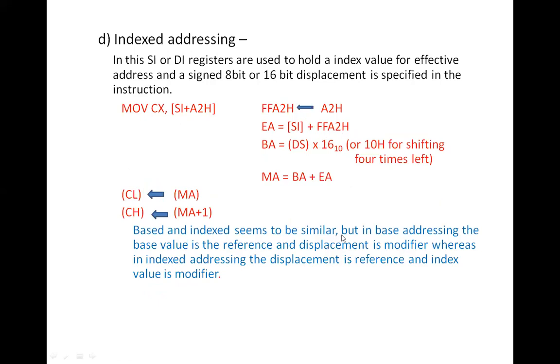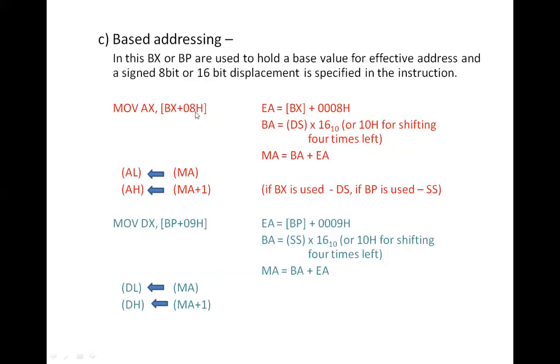So it seems similar, but in based addressing, the base value is the reference and the displacement is the modifier. This base value, meaning the data segment, is the reference, and this reference has been displaced by 0008.